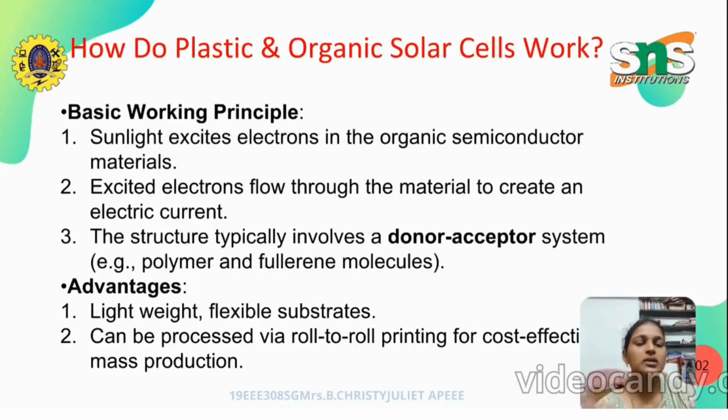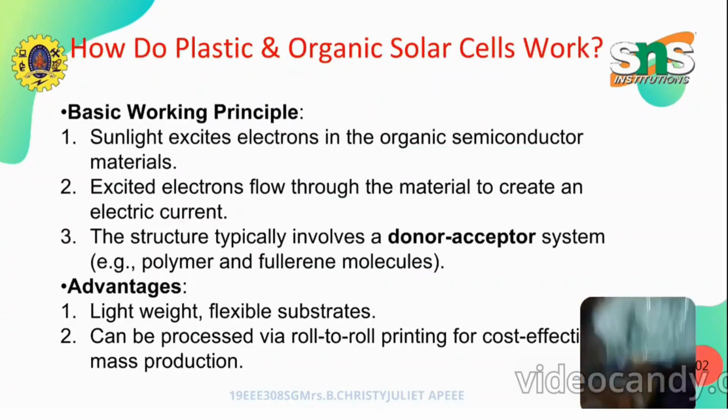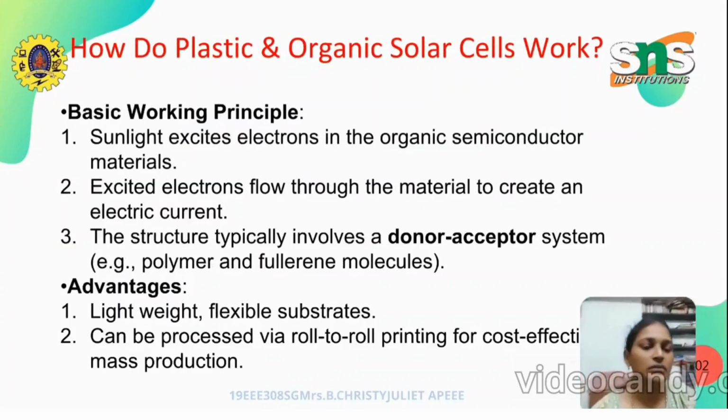Now, in continuation, we will see how these plastic and organic solar cells work. So the basic principle is that any solar cell will convert sunlight into electricity. That is why it is called a solar cell or photovoltaic cell.